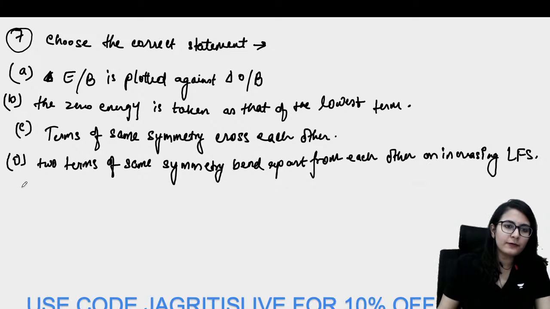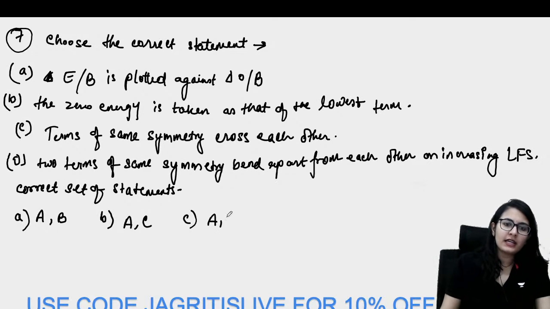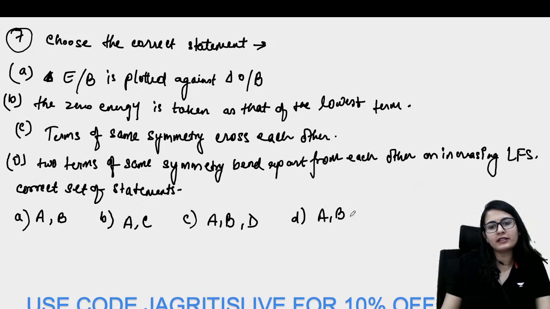So which of these four is correct? Correct set of statements. Option A is A and B are correct. Option B is A and C are correct. Option C is A, B and D are correct. Option D is all are correct: A, B, C and D all are correct.